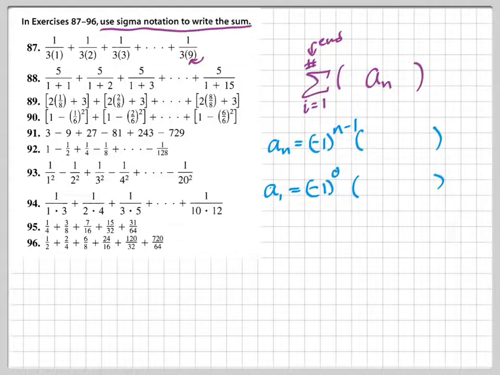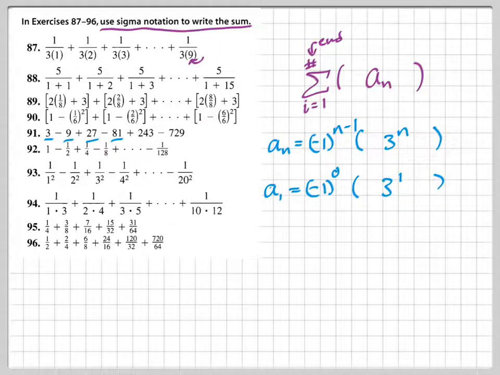So it looks like we start at 3, and then we go to 9, and then we go to 27, and you go to 81. Notice I get to ignore the negatives now because I already took care of the negatives. If we're starting at 3, let's say that this is going to be 3 raised to the n power. So if we plug in 1 for our a sub 1 term, the first term, would that work? We would get a 0 for the exponent, and that would make that into a positive 1. And here we would get a 3.